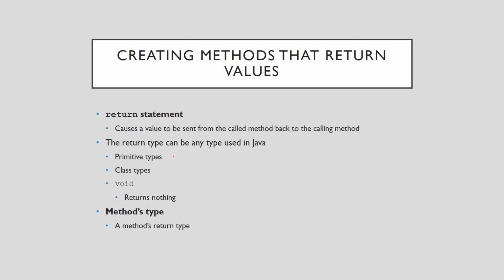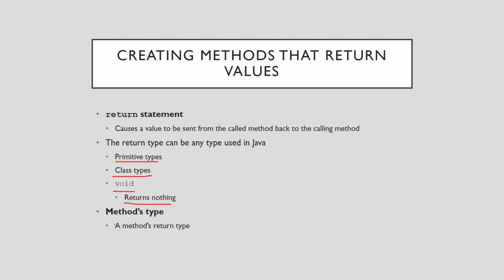The return type can be any of the following: primitive types, class type, which is an object type as I've said earlier, and of course the void type, which does not need to return a value, which returns nothing.